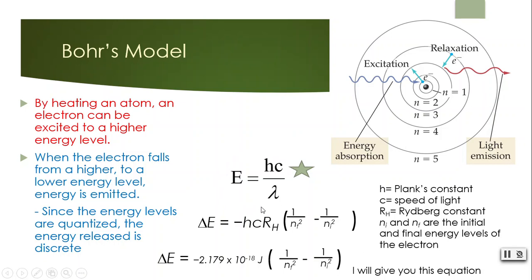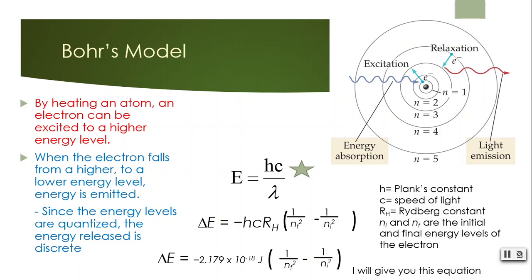So using Planck's constant and doing some other experiments that we're not going to talk about, this equation can be related to Bohr's model, where we can calculate the energy that is involved in either the excitation or relaxation of an electron in the Bohr model of the atom.